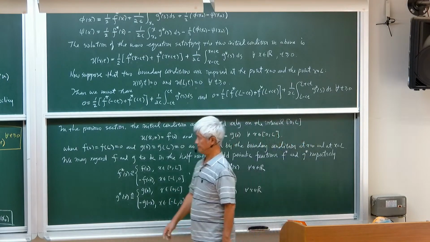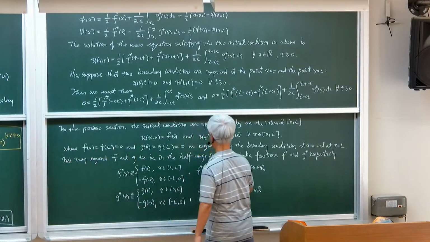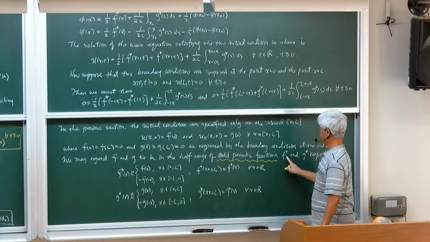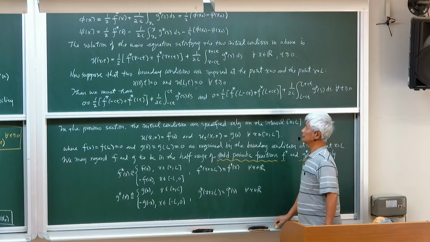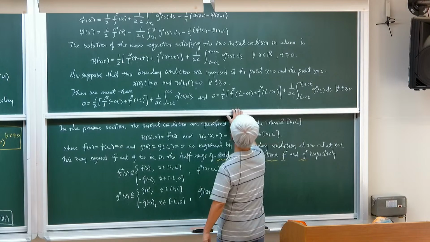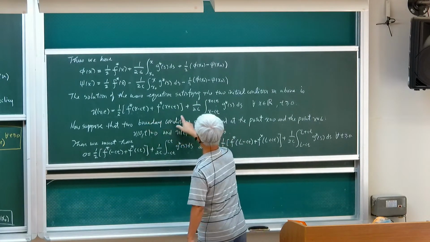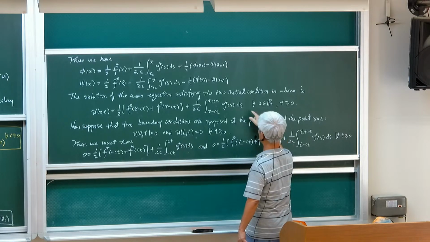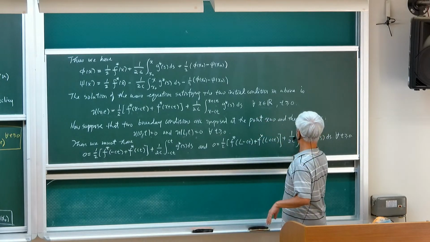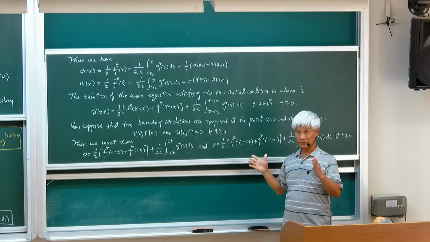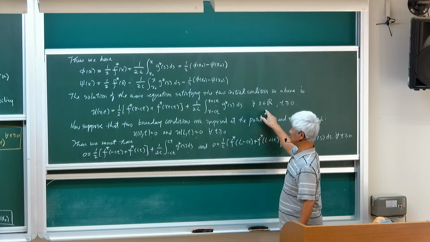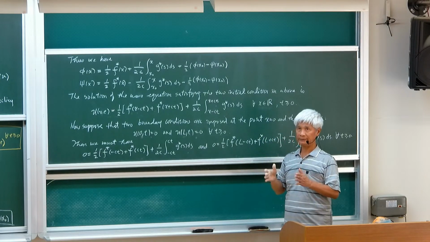So this solution is true for all x in R. And it also satisfies the initial conditions and boundary conditions in the finite interval from 0 to L. Of course, it's still valid for x in 0 to L.